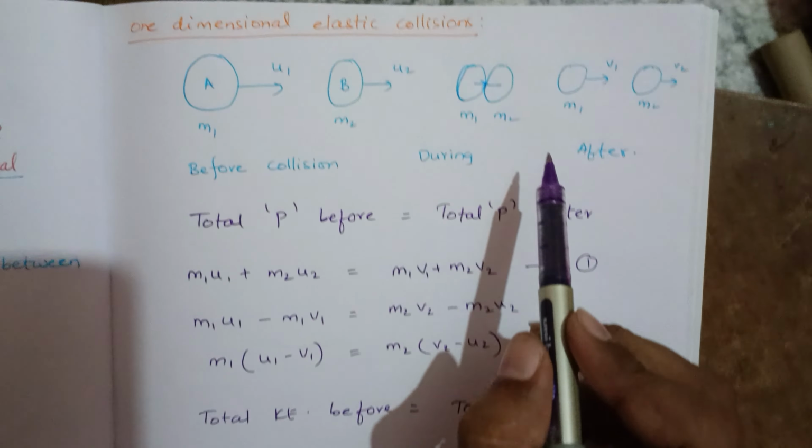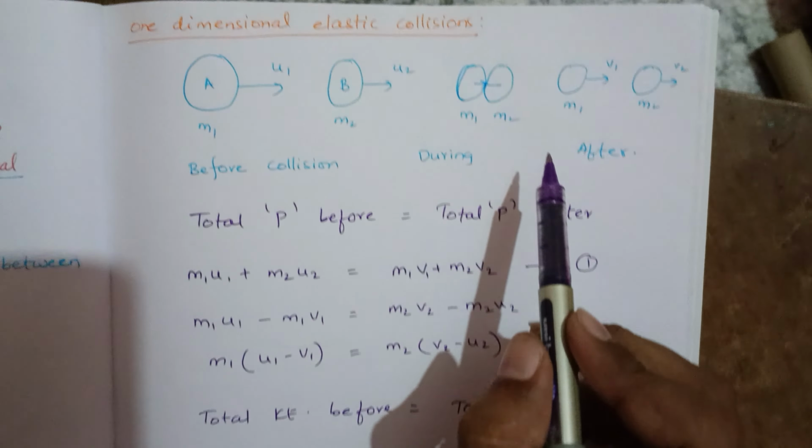Now half we can take common, and the halves get cancelled. Then remaining is m1 u1 squared plus m2 u2 squared equals m1 v1 squared plus m2 v2 squared.